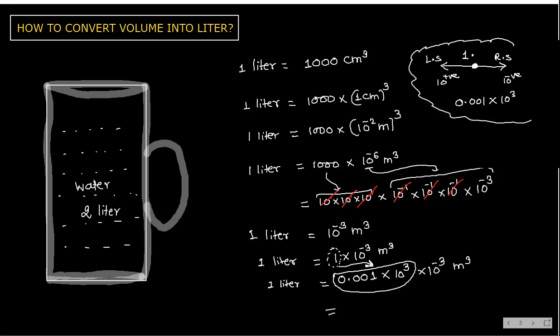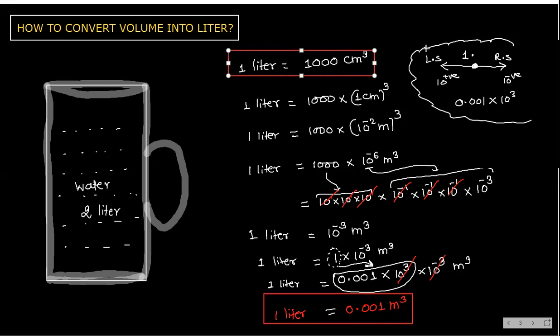So this plus 3 and minus 3, if I cancel this plus 3 and minus 3, then what am I getting? 1 liter is equal to 0.001 meter cube. Understand conversion? Yes, sir. This is very, very important. This one as well as this one also. These two boxes are very, very important. Understood?